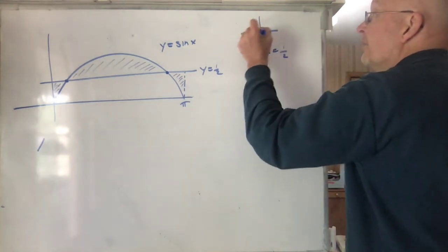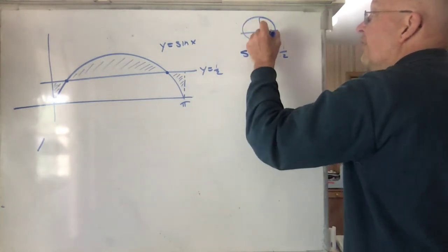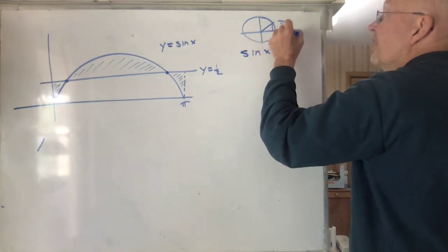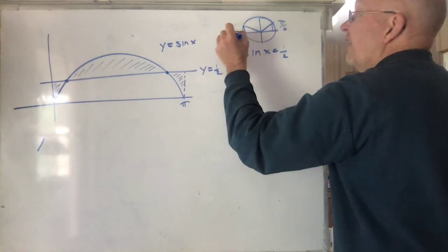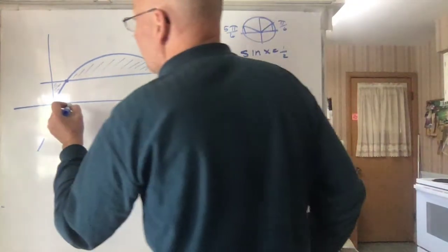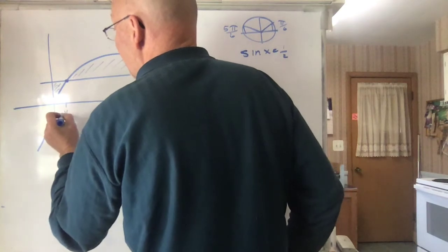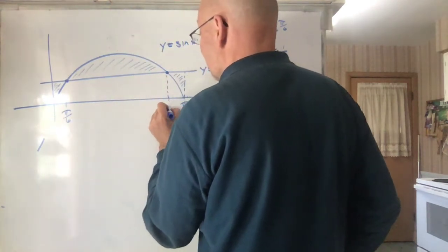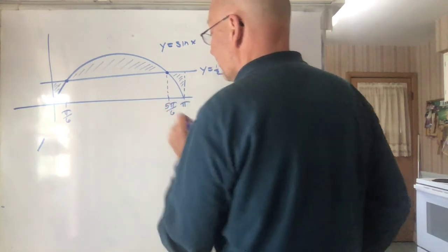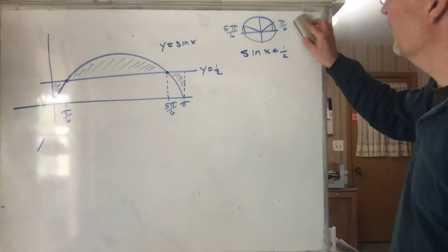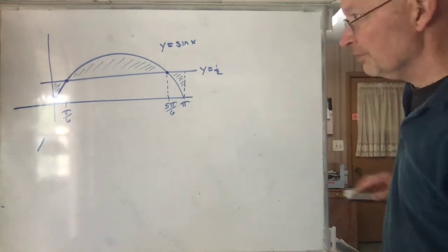Well, I just happen to know my trigonometry, so I know that's going to happen at pi over 6 and at 5 pi over 6. So this point right here is pi over 6, and this point right here is 5 pi over 6. Go back to one of our first lessons in trigonometry if you need to for that.